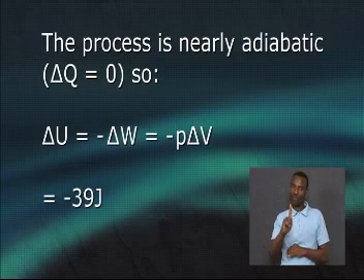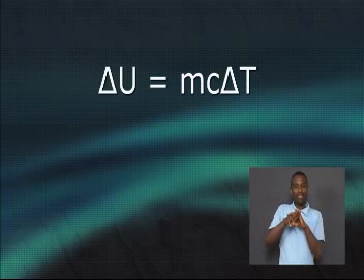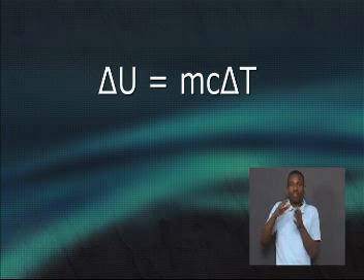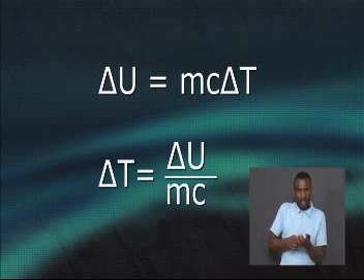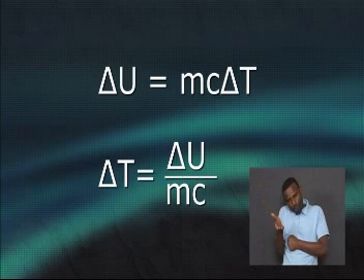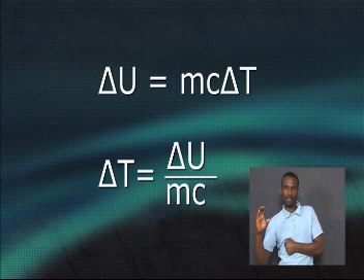This is -39 joules. We have learned that the increase in internal energy equals the mass of the gas times its specific heat capacity times its change in temperature. Since we are trying to solve for the change in temperature, let us rewrite our formula as delta T equals delta U over MC.